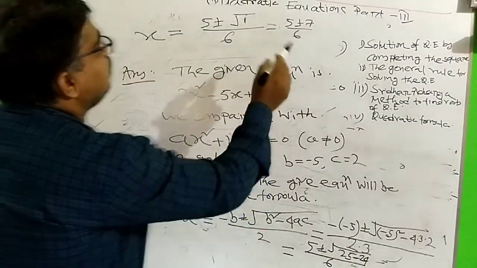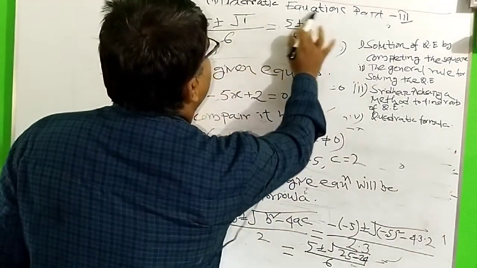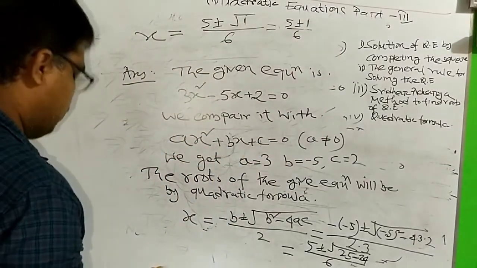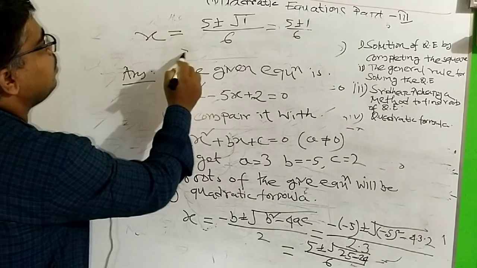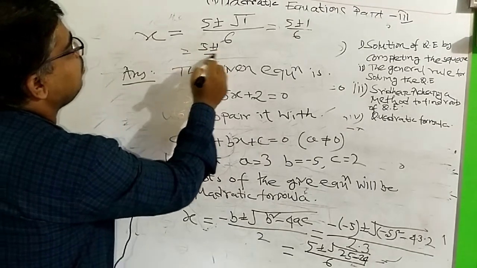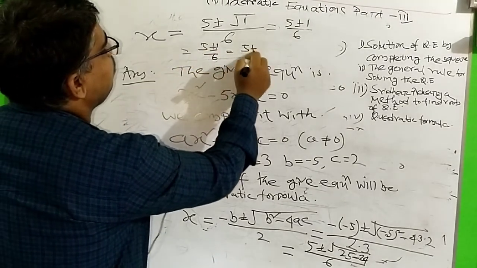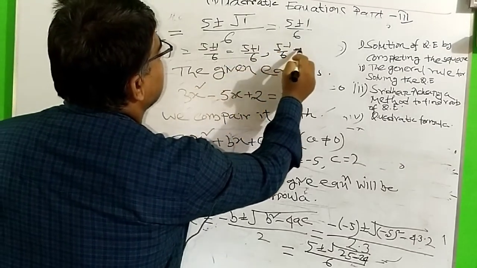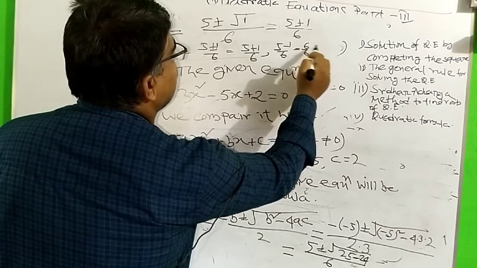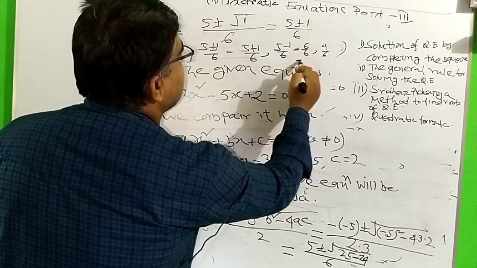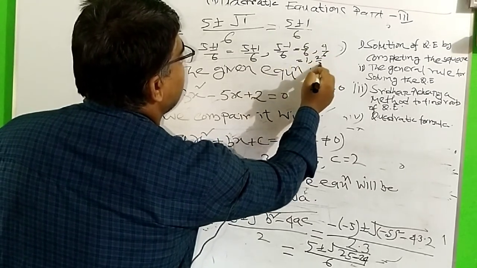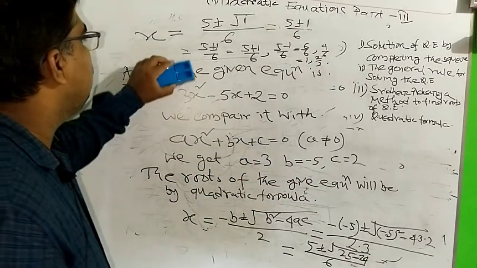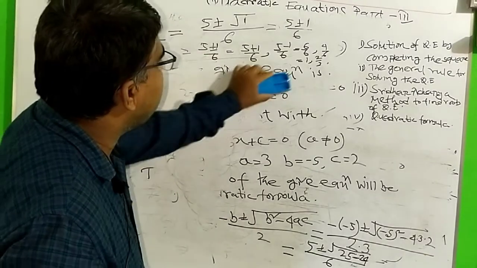Okay, now that is 5 plus minus 1 by 6 equal to 5 plus 1 by 6 comma 5 minus 1 by 6, equal to 6 by 6 comma 4 by 6, equal to 1 comma 2 by 3. The roots are 1 comma 2 by 3.